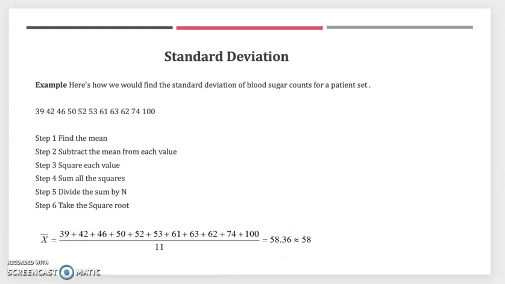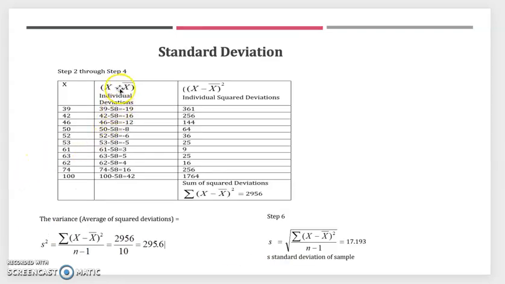We find the average is about 58.36. To find the standard deviation, we take each number minus this mean, square that, then add all together. So you see x minus x bar, the difference from the average, then we square that and get the total of all the squares. But now, to get the standard deviation, we need to divide by the degrees of freedom.